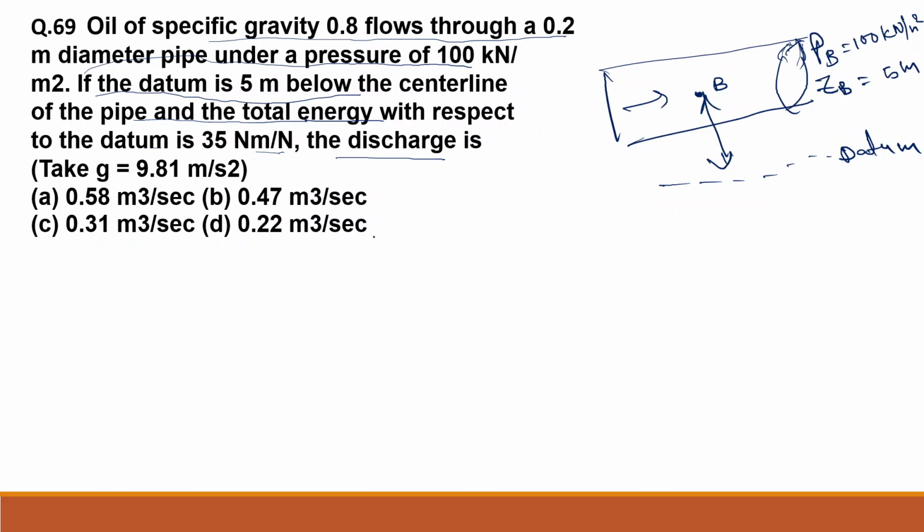After that we will apply the formula: PB upon gamma plus ZB plus VB square upon 2G is equal to 35 meter.